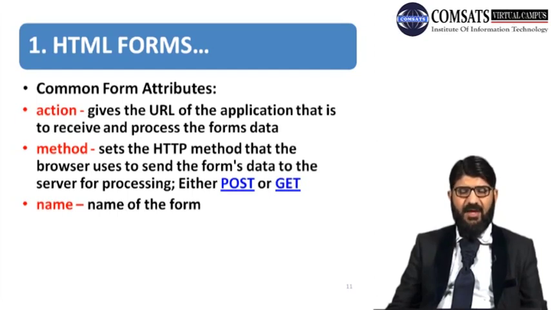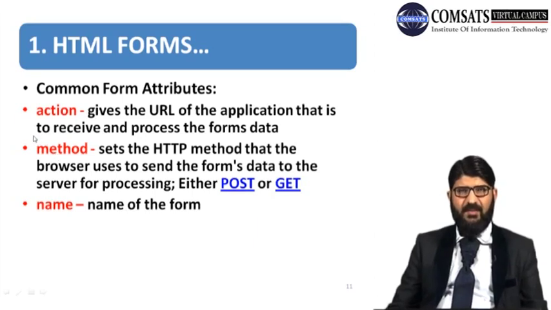An action gives the URL of the application, that is to receive and process the form data. This is the action form. It gives the URL of the application that is to receive and process the form data.